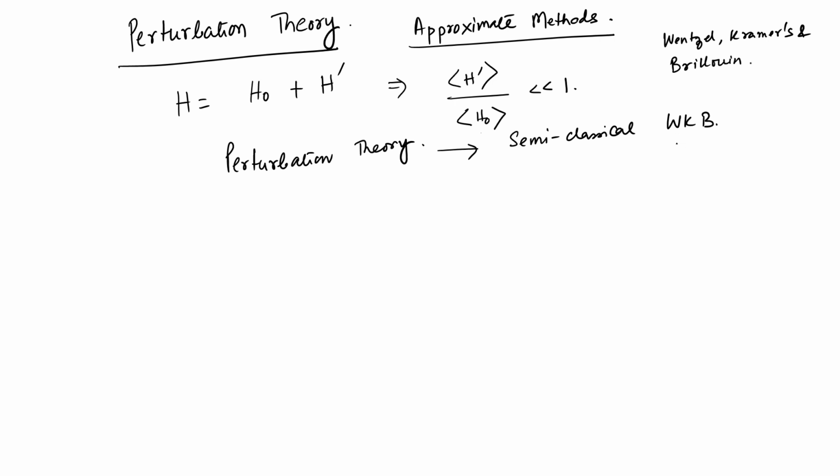That is the semi-classical approximation, and then one can use it in continuous systems, which gives you scattering theory, the scattering matrices and the partial wave approximation to get the scattering cross section.